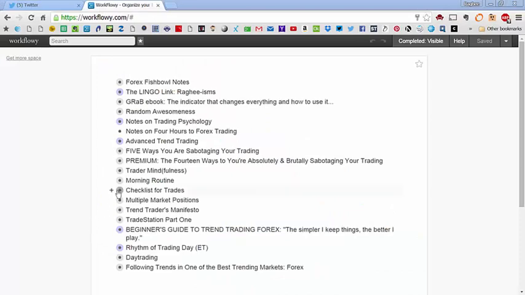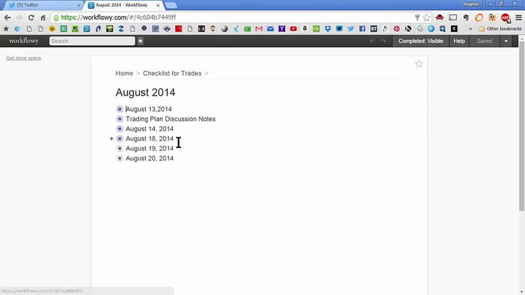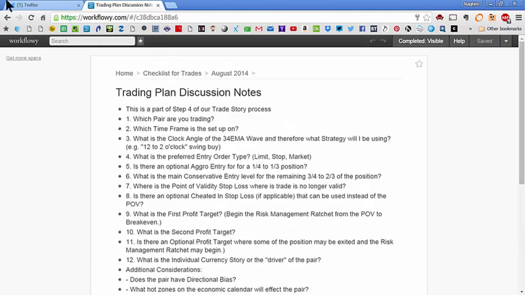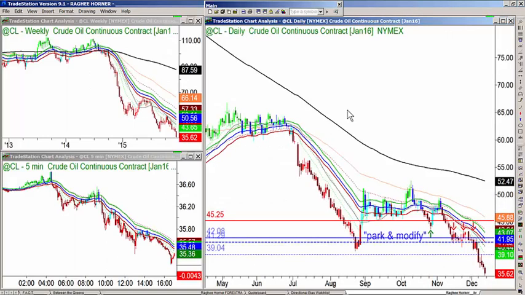I do keep that in my Workflowy, and here's my trading plan discussion notes. These are just some of the things that I ask myself for a trade, but that's really one part of what is a 6 or 7 step process of building the story. The actual trading plan checklist is just one part of it.